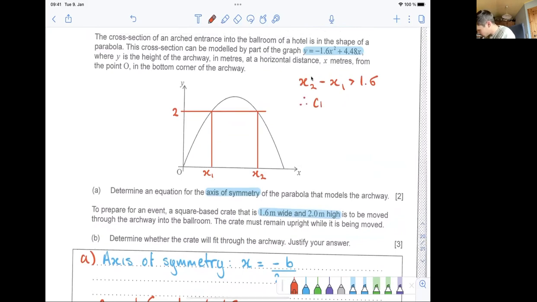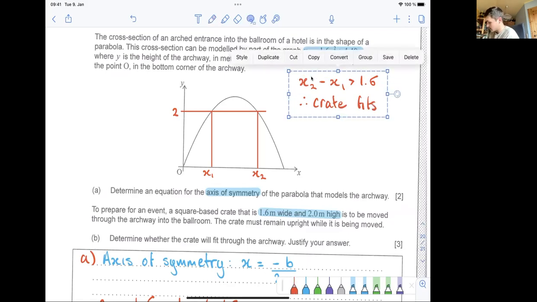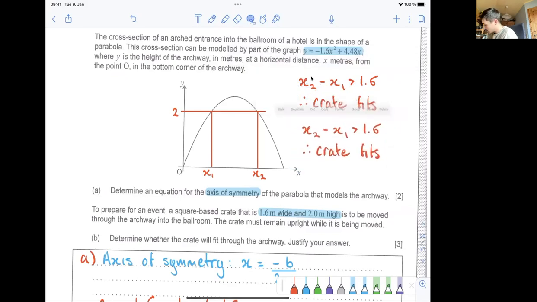Therefore, crate fits. And if it doesn't, so if we say it is less than 1.6, we'll write crate doesn't fit. And so then that will be our conclusion.